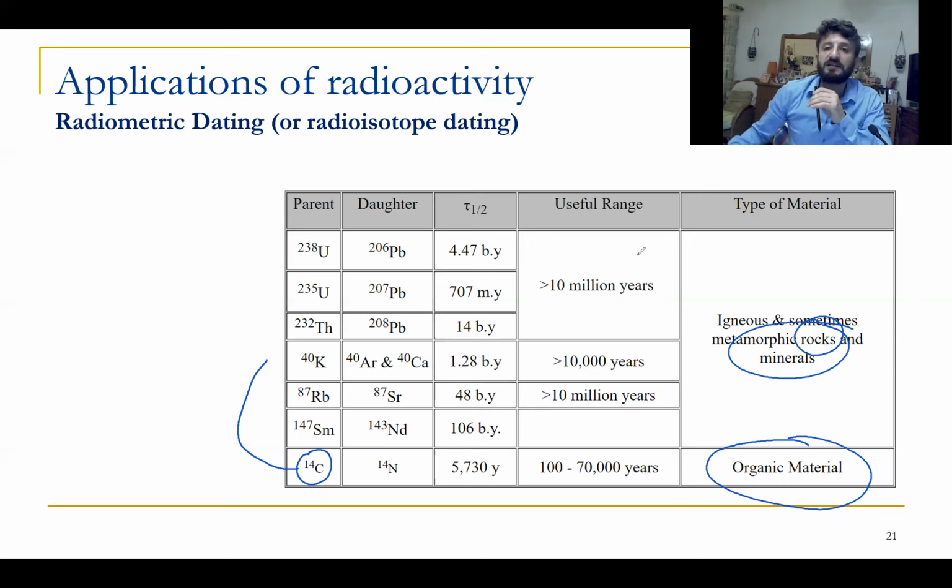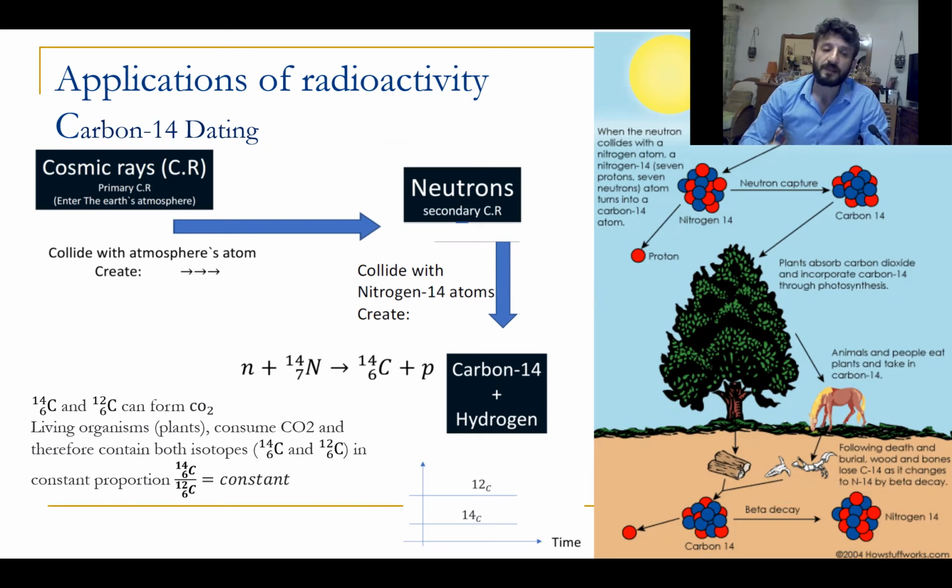Let me start with organic matter. Here we use carbon-14 dating. It's a method where we use the radioactive element carbon-14 to determine the age of organic matter. This carbon-14 dating method is also called radiocarbon dating, or radioisotope carbon dating.